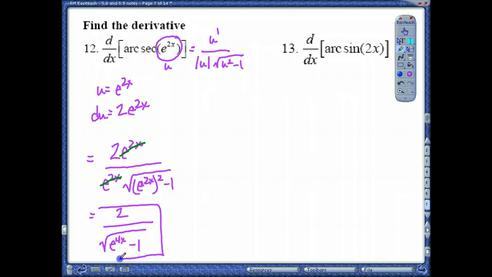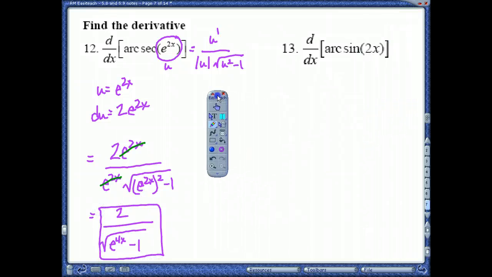So once you know those formulas, it's going to be super easy for you to find the derivative. And if you forget those formulas, you can always recreate them. Now arc sine, that one's a nice one. It's one that you're going to be using a lot. So that's going to be your u prime over the square root of 1 minus u squared.